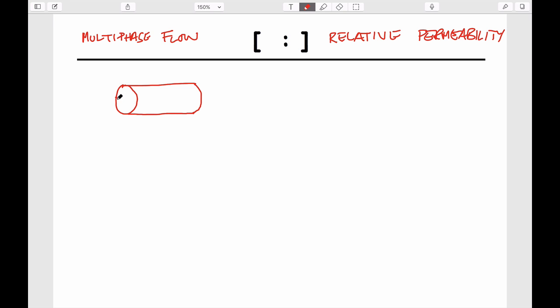And we're going to take this core and we're going to saturate part of it with a wetting fluid, water, part of it with a non-wetting fluid. We have, as we could imagine, two areas at the end. And so the overall area is equal to the sum of those by definition.